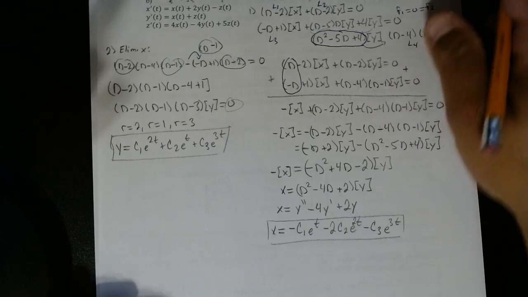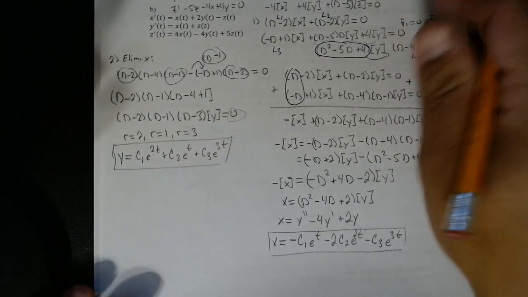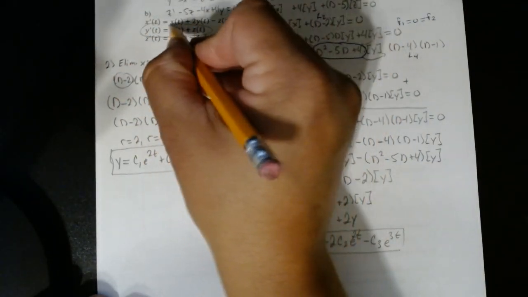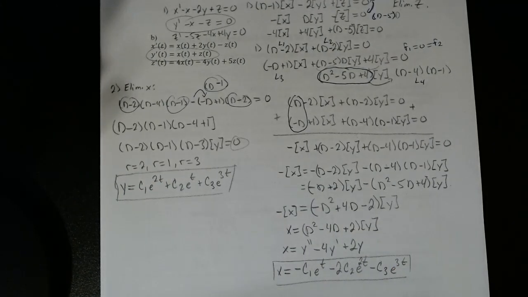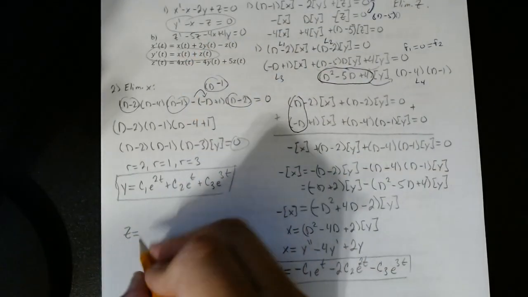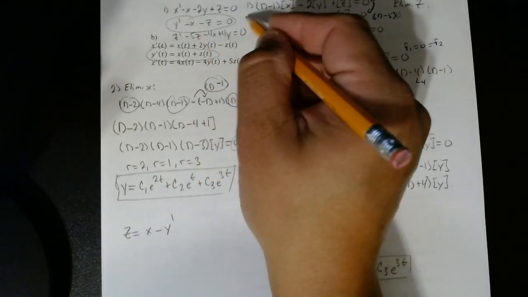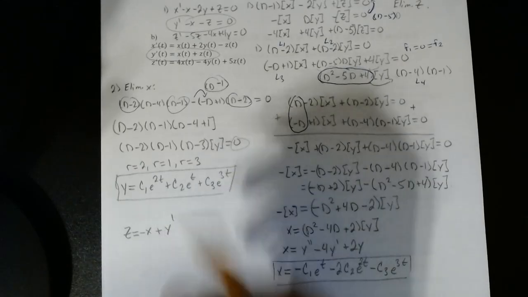Okay. And unfortunately, we're not done yet because we wanted x, y, and z, but the z part is actually the easiest of them because we have everything we need just by our second equation, which is right here. We could just solve for z in that part. So z will equal x minus y prime. Or actually, if I flip it, yeah, it's flipped.